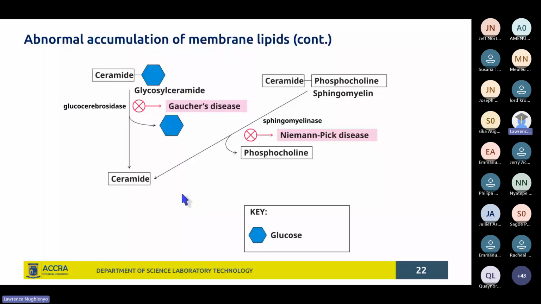Now, you can also have other conditions like, say, Gaucher's disease, resulting from deficiency in the enzyme glucocerebrosidase, which, of course, will result in the accumulation of glycosylceramide.